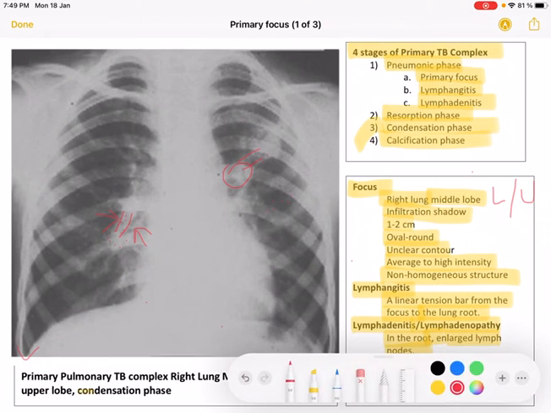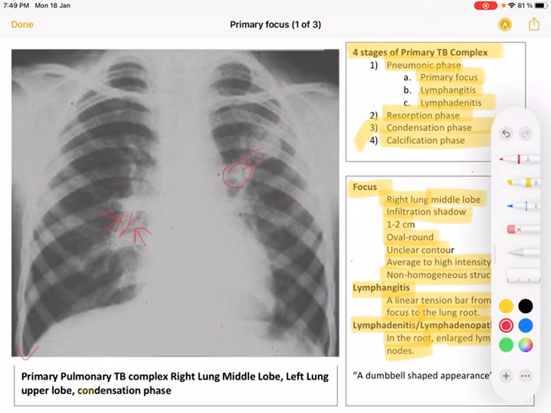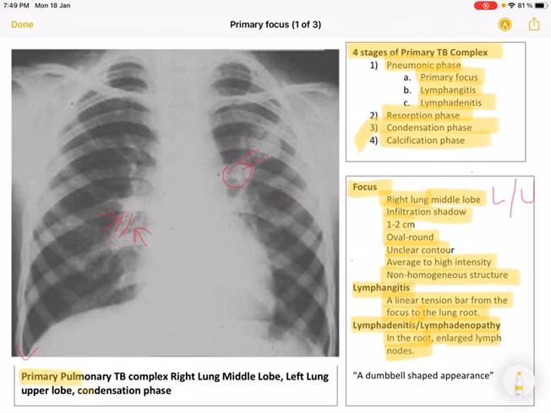So how can we explain this particular X-ray? There is a method of presenting the X-ray. It is a primary pulmonary TB complex, involvement of the right lung middle lobe and the left lung upper lobe. Which phase?